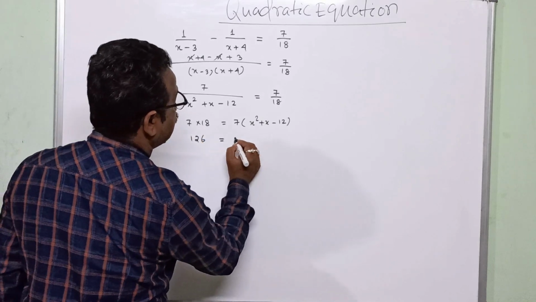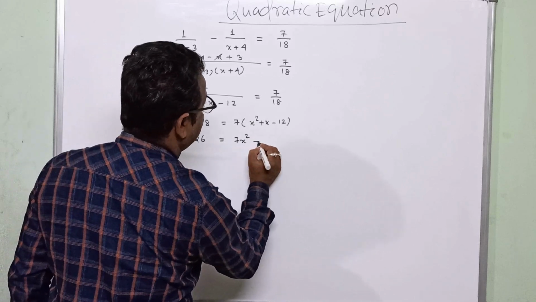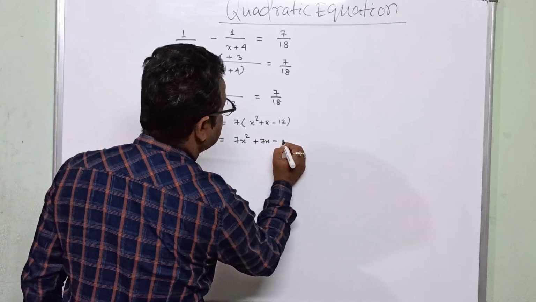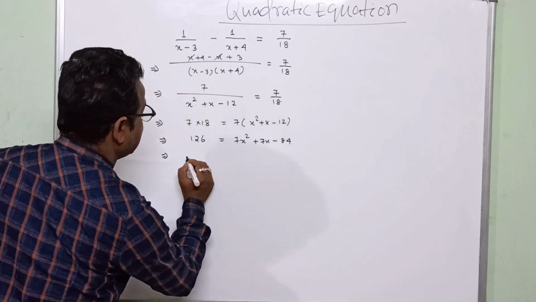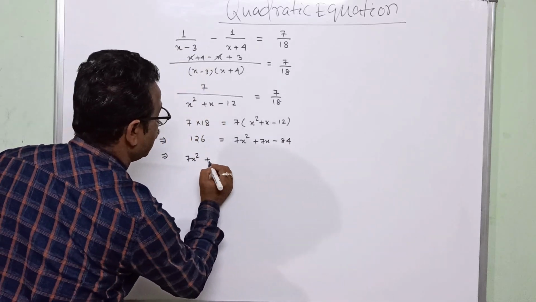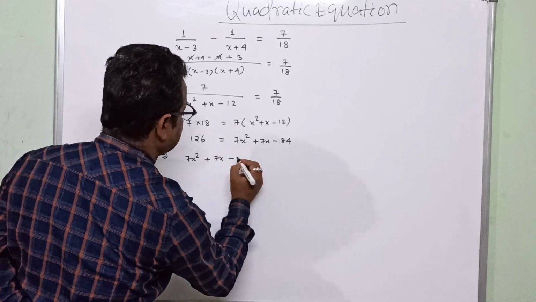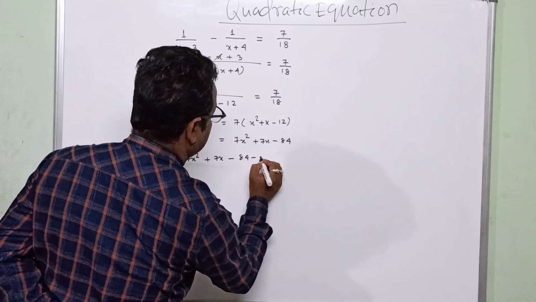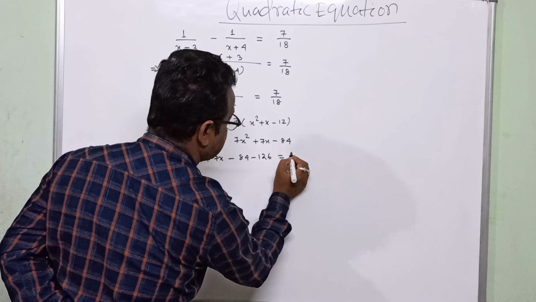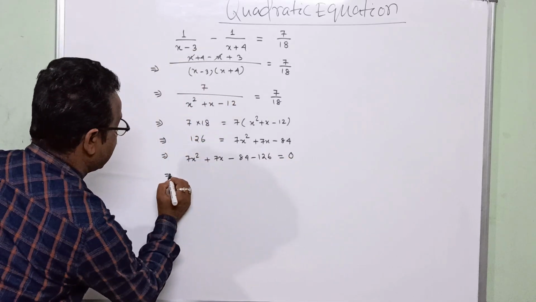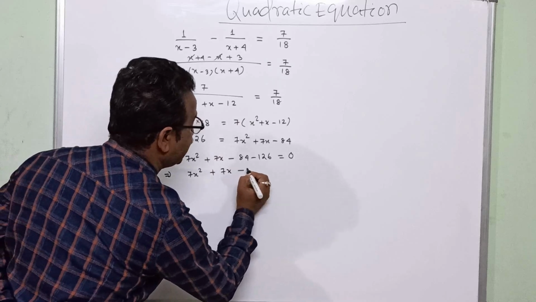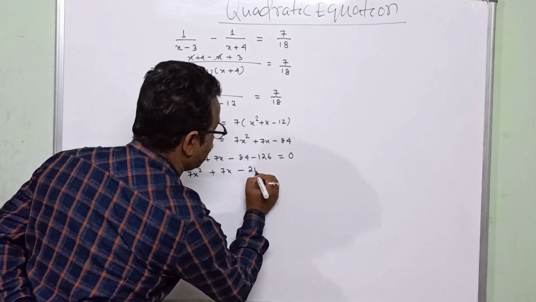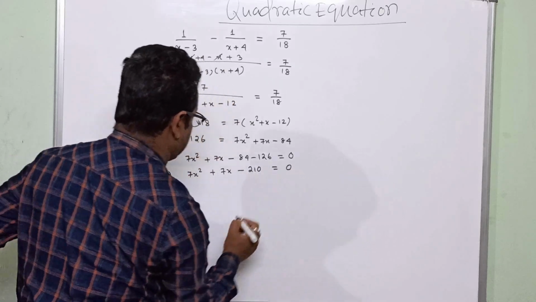That implies 126 = 7x² + 7x − 84. That implies 7x² + 7x − 84 − 126 = 0. That implies 7x² + 7x − 210 = 0.